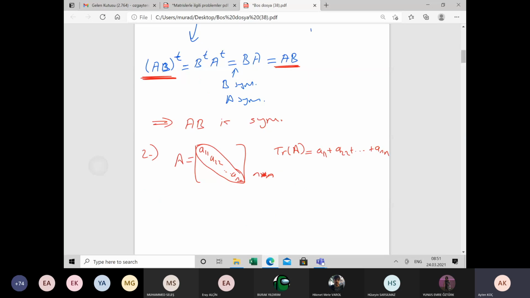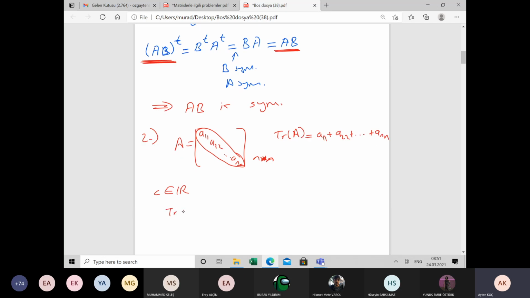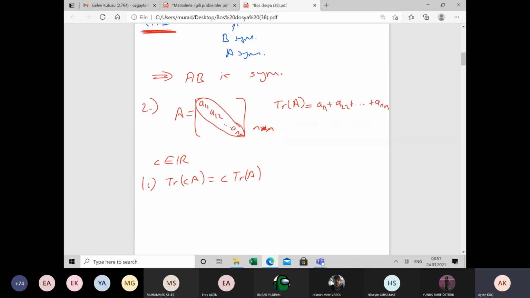For the first one, our aim is to show that for C any scalar, any real number, the trace of C times A is equal to C times the trace of A. Let's prove this.